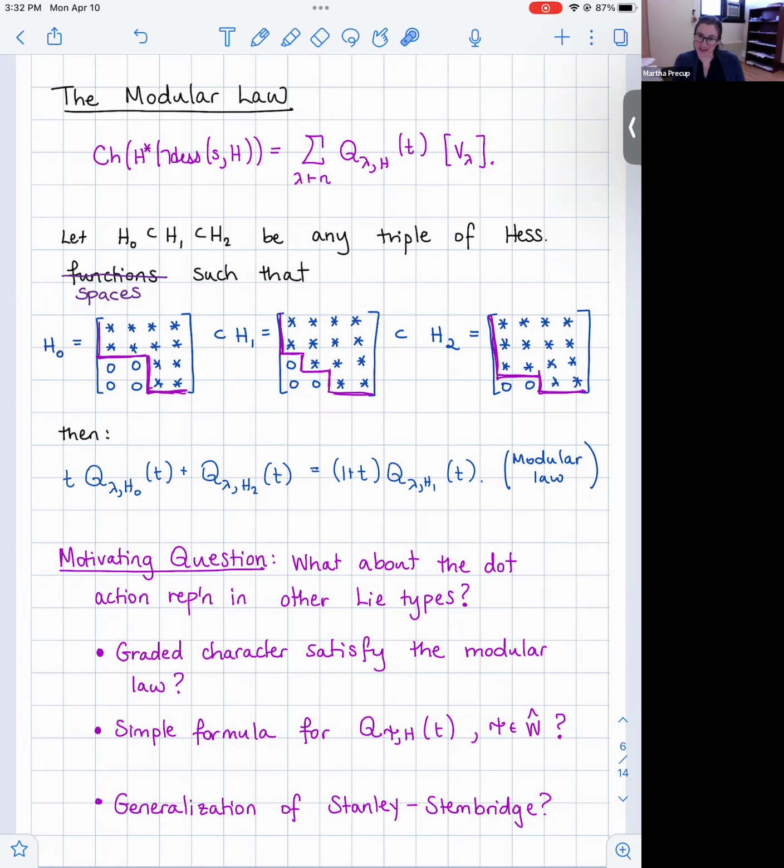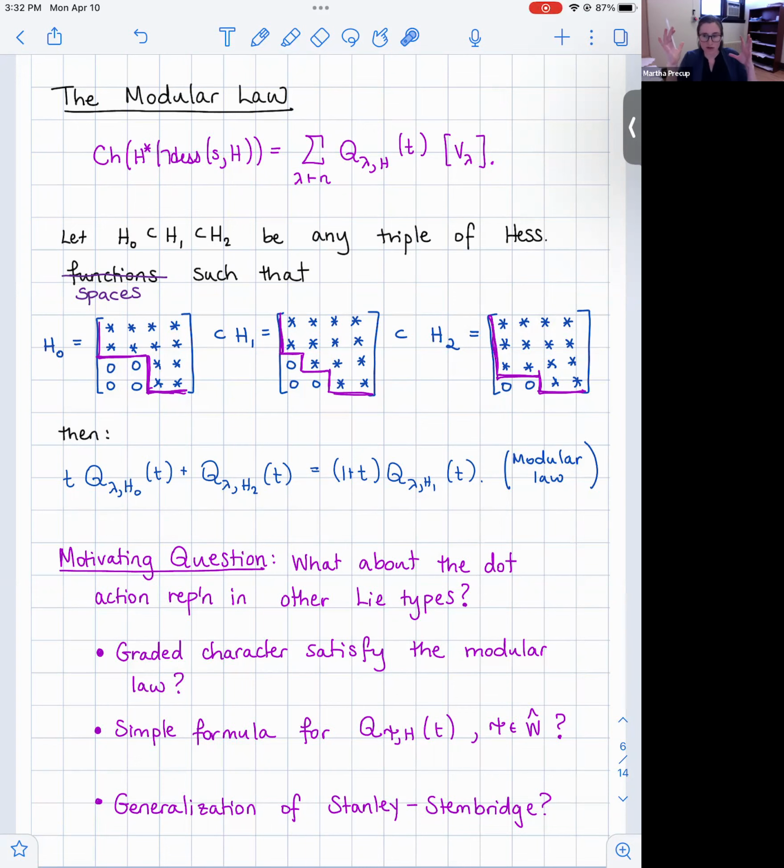By example, in this kind of situation you get the following relation among the polynomials that determine the representation. The representation for the middle one, times 1 plus t, with the appropriate shift, is equal to the shift of the smallest one plus the largest one.